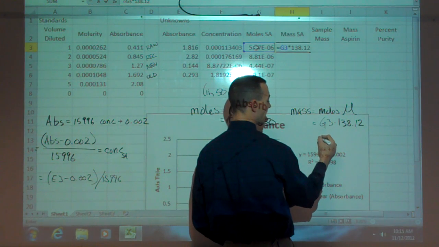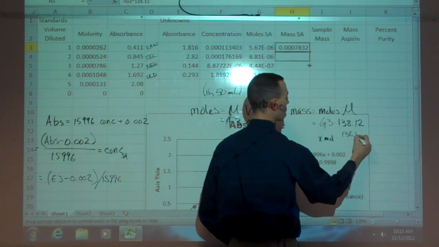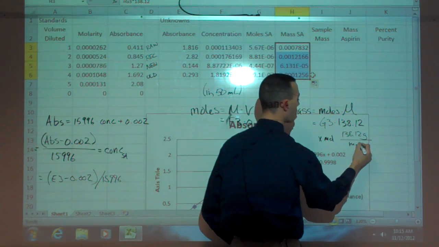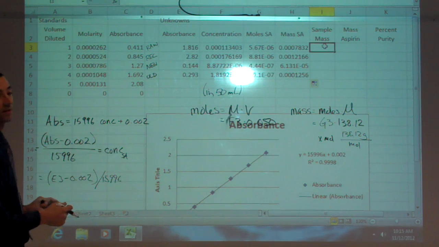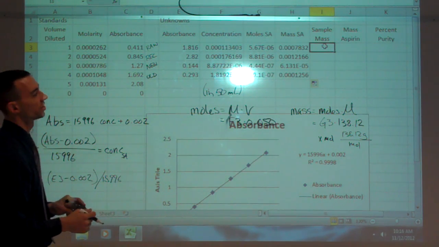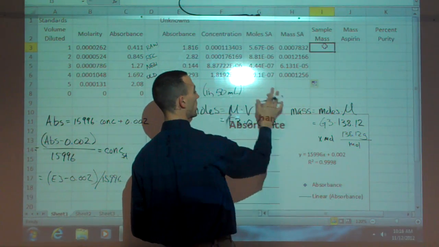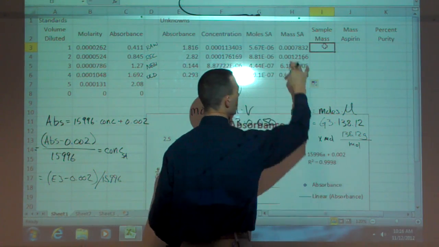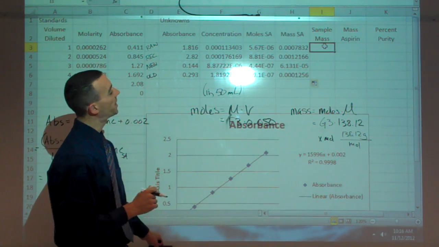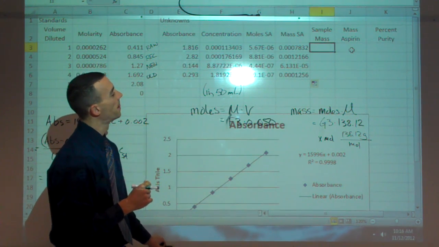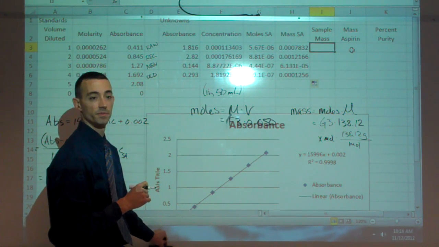So this is really taking X moles times 138.12 grams per mole, just like we began our initial calculation for getting our stock solution. Okay? So we've typed in equals our mole quantity in G3 times the molar mass, and we've filled that down. Okay. So now we know how many grams of salicylic acid were in each of our samples that we prepared.